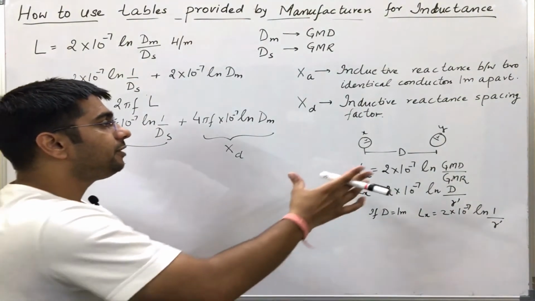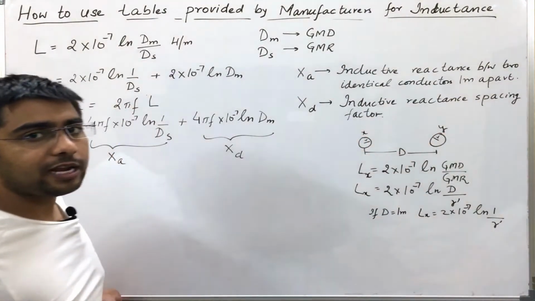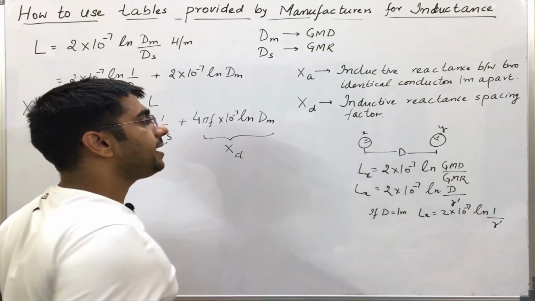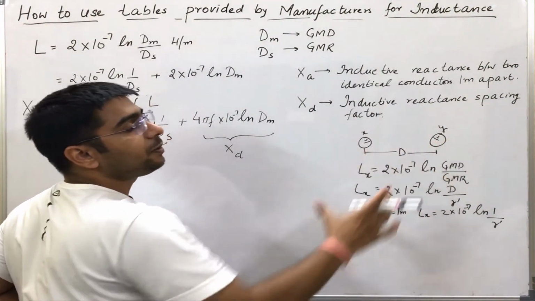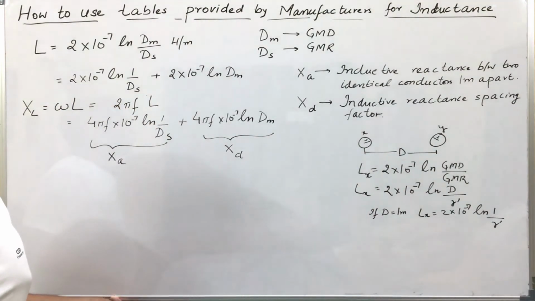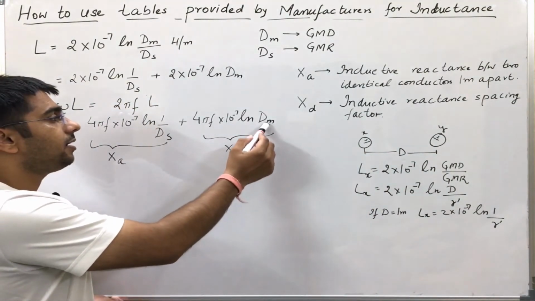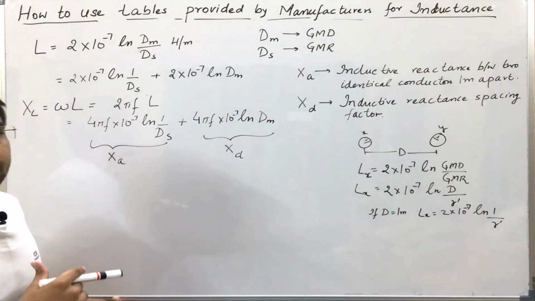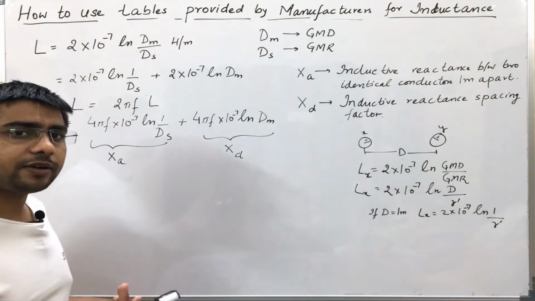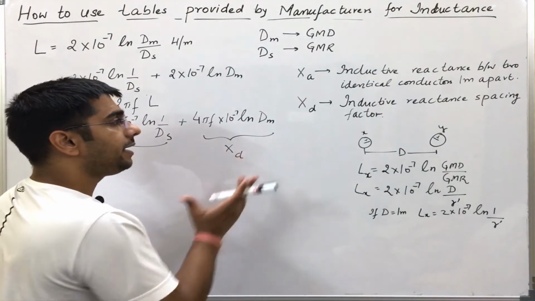Also, if the distance between conductors is very large compared to their own radius, then it only depends upon the distance between the two conductors. So, this spacing factor Dm or the GMD only depends upon the distance between two conductors, and it is very easy to write it separately.